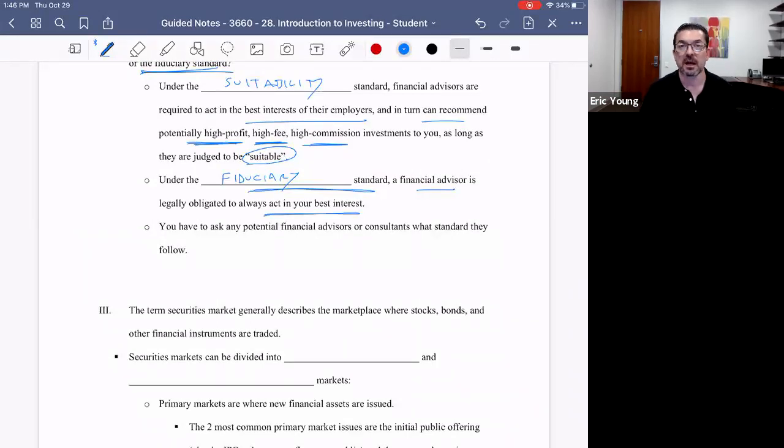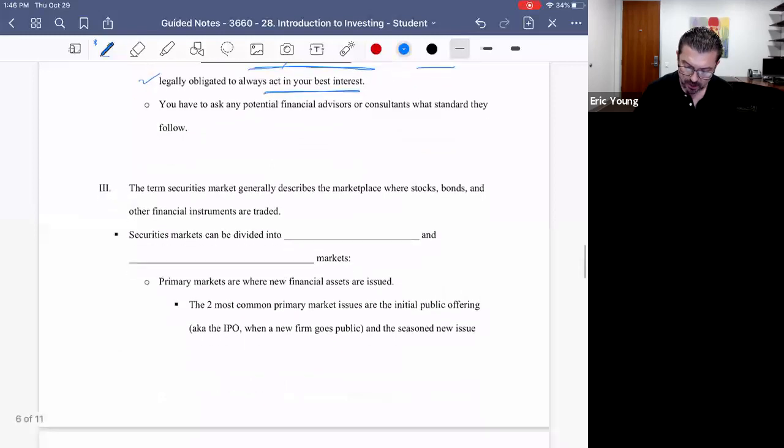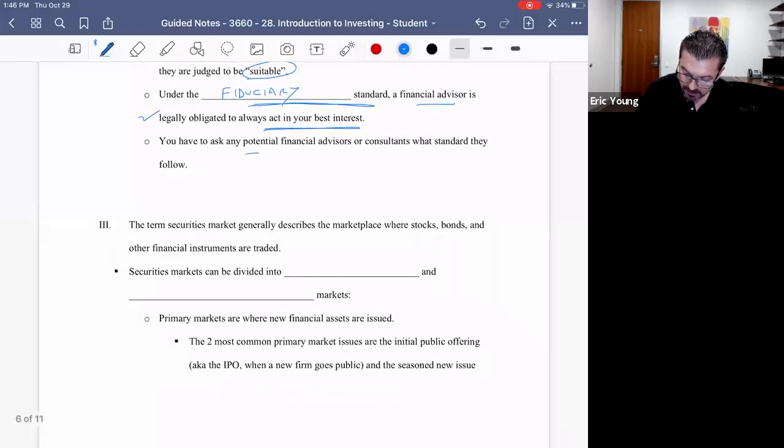Their decisions, their recommendations are legally required to be in your interest, not in theirs and not in their employers, okay? It is critical that you ask any potential financial advisors, any consultants, anybody else who you arrange with as a part of your financial team, what standard they follow.